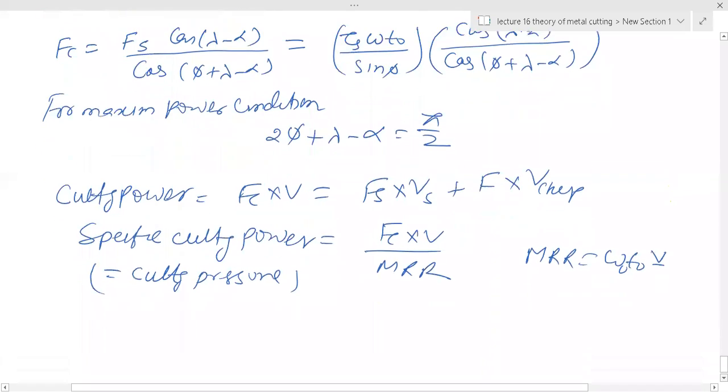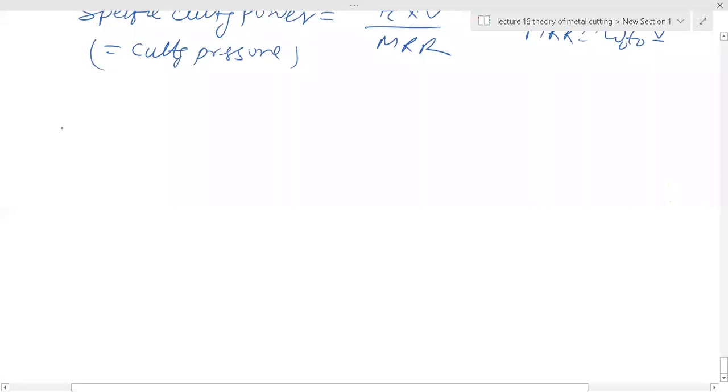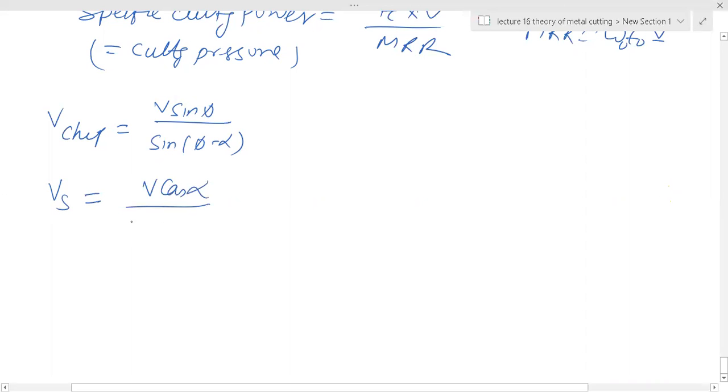Then V chip is equal to V sin phi divided by cos phi minus alpha, and then shear velocity Vs is equal to V cos alpha divided by cos phi minus alpha.